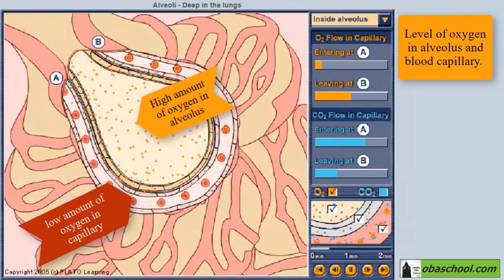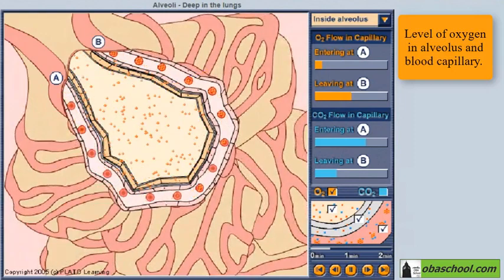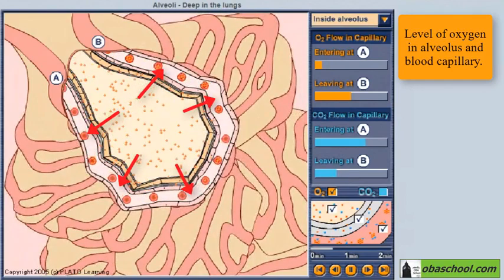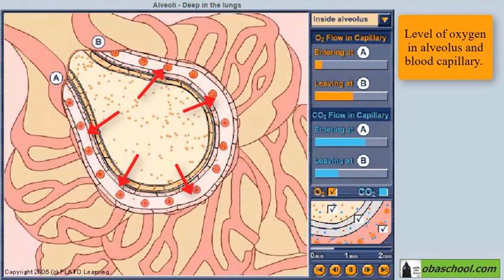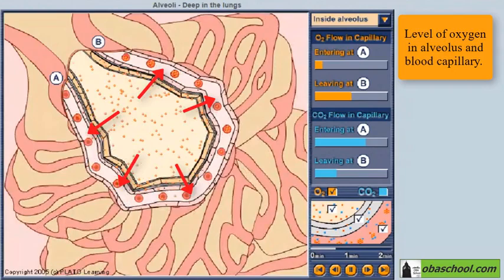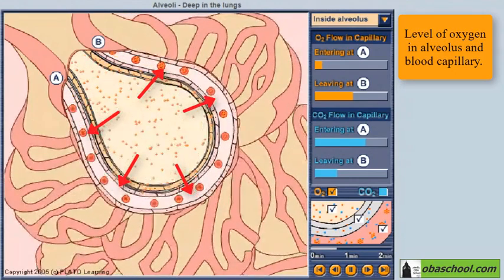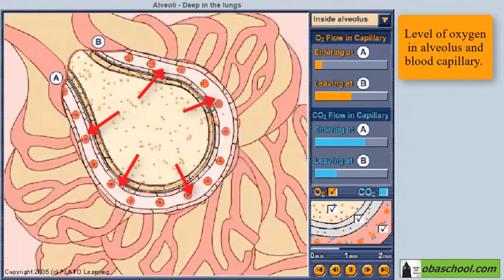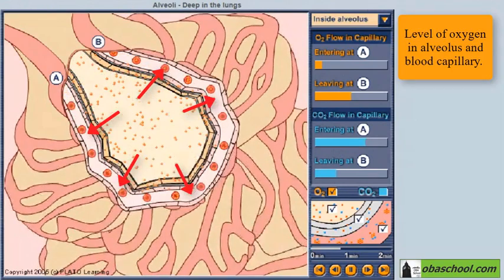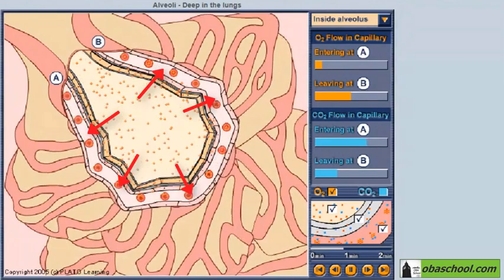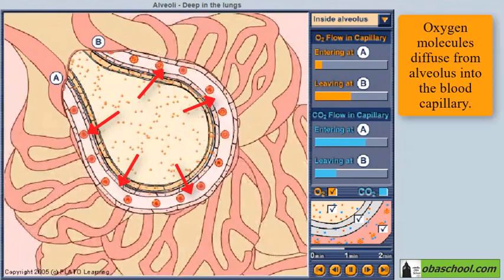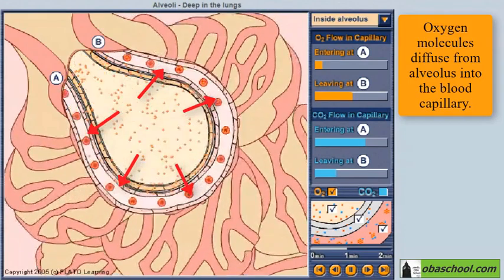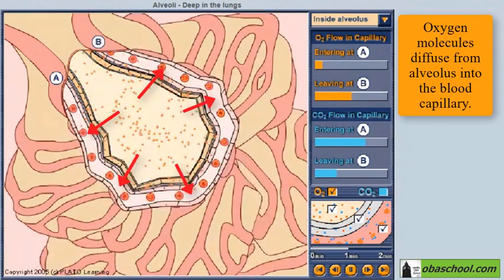In other words, the oxygen molecules, once they enter into the alveolus, are going to diffuse into the blood capillary in such a way that the red blood cells are going to carry the oxygen molecules into different body cells. So we can say that the oxygen gas diffuses from the alveolus into the blood capillary.